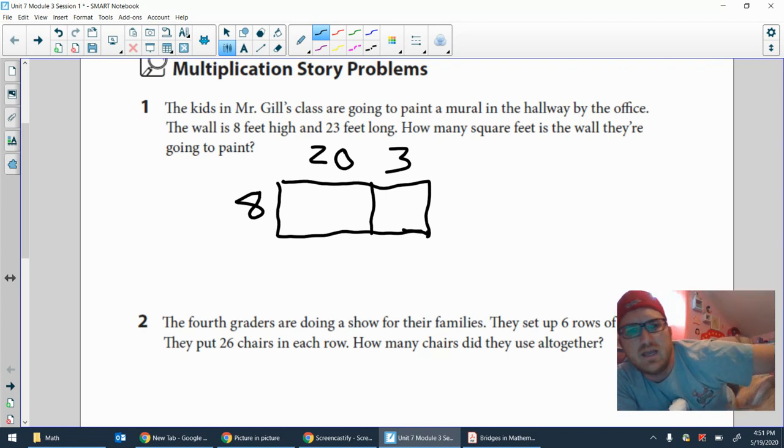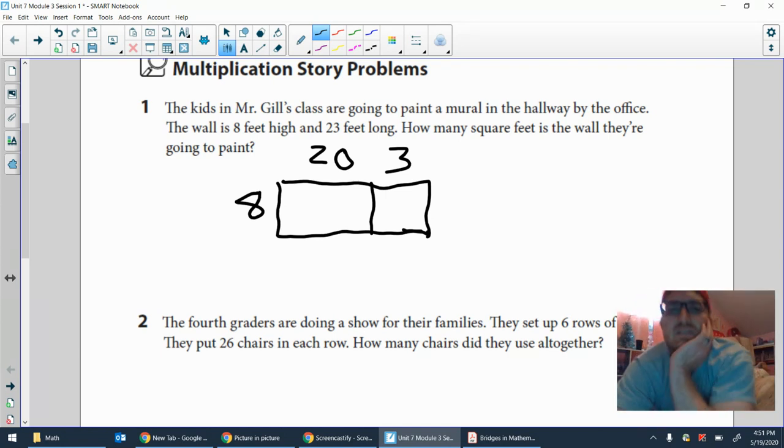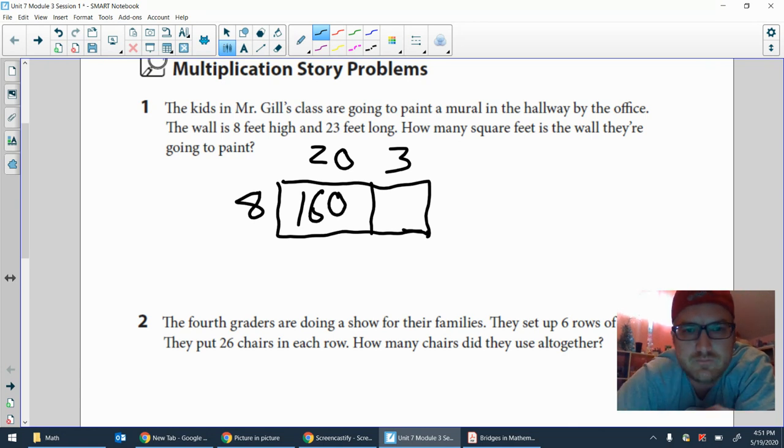I know that 8 times 2 is 16, and 20 is just 10 times bigger than 2, so we're at 160 here. Sorry for the goofy looking 6. And then we have 8 times 3, which is 24.